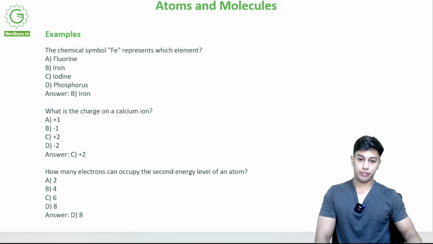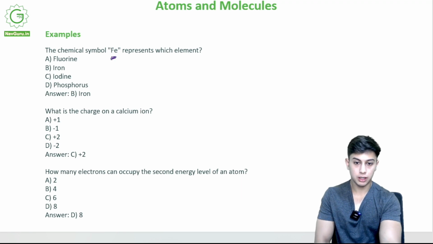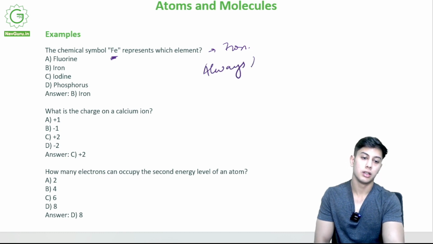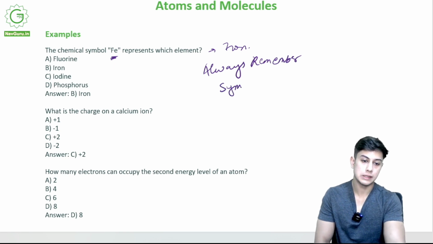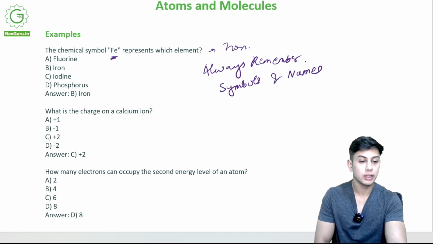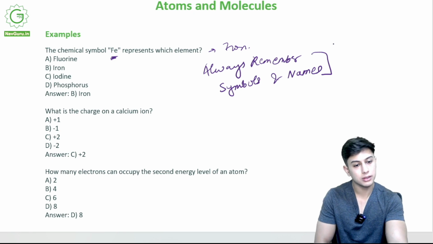Chemical symbol Fe represents which element? The chemical symbol Fe represents iron. Always remember symbols and names. This is like bread and butter. If you don't remember this, chemistry is not for you.